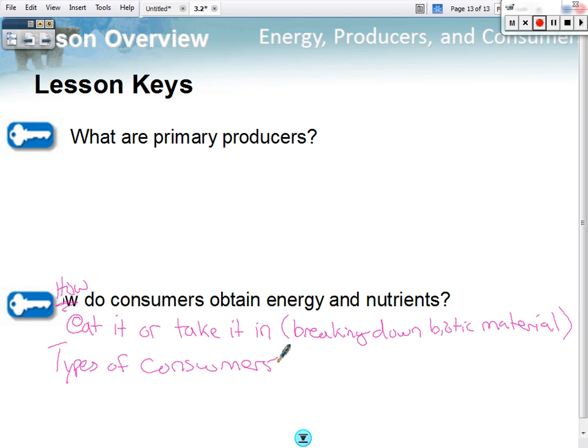That's important to know, not only because you want to be able to use them in conversation and answers, but it's also important to know as next chapter we're going to start connecting the interdependence in the food webs. And it's important to know where each organism lies in the food web based on its role. So go ahead back, make sure you look at the types of consumers and are able to write down and remember what's a carnivore versus a herbivore versus an omnivore versus a scavenger. Okay, thank you.